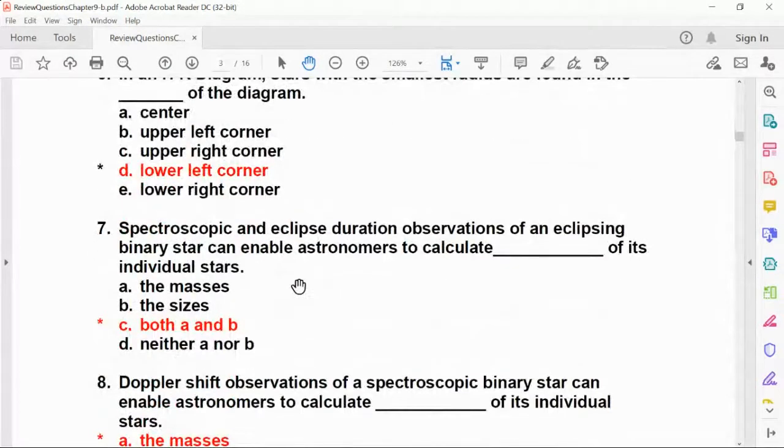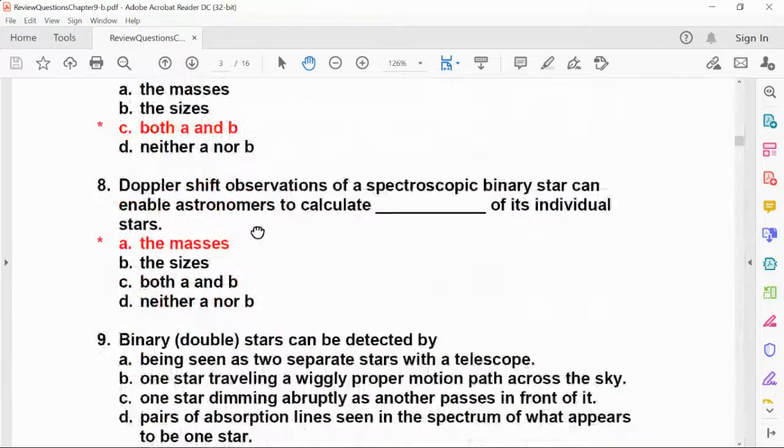Seven, spectroscopic and eclipse duration observation of an eclipsing binary star can enable astronomers to calculate the masses and the sizes of the individual stars. Doppler shift observation of spectroscopic binary stars can enable astronomers to calculate the masses of its individual stars.